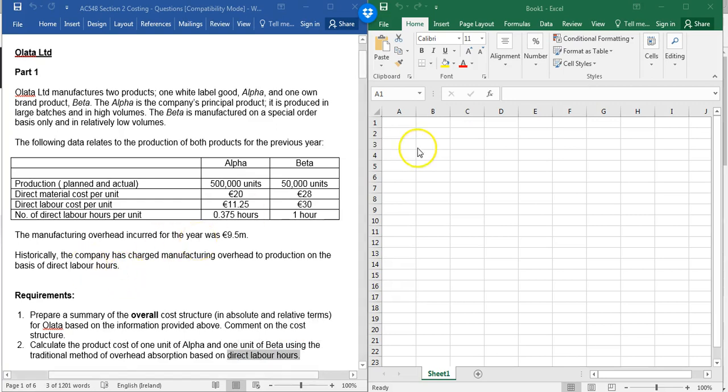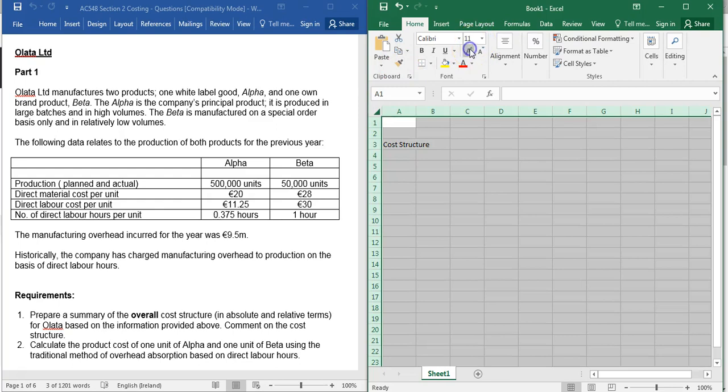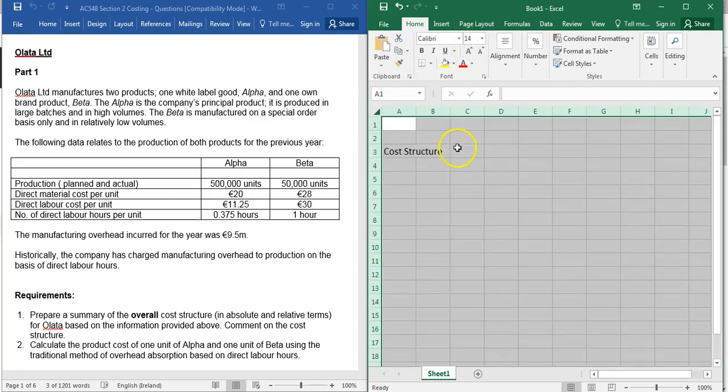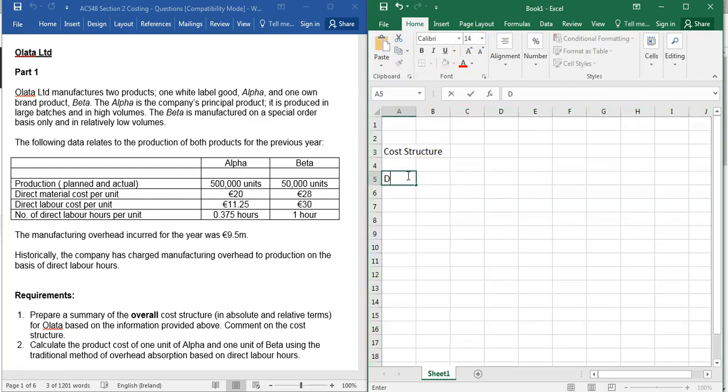So your first starting point is what's the cost structure. So we just use an Excel. So make this a bit bigger. So the cost structure is made up of direct materials, direct labour, and then we just come down here, the manufacturing overhead.